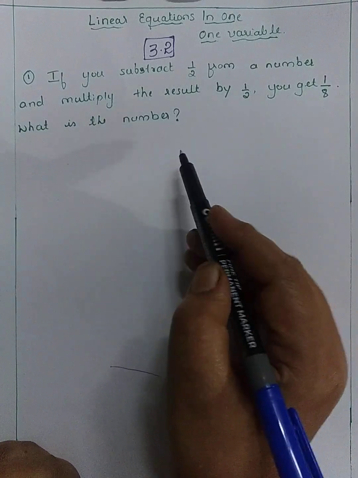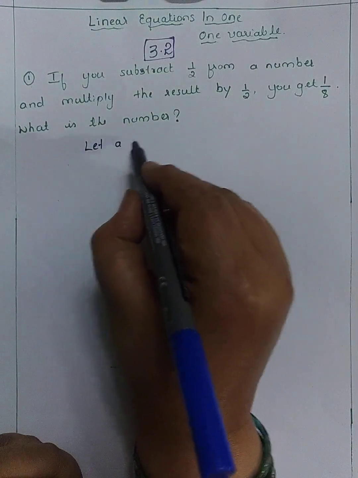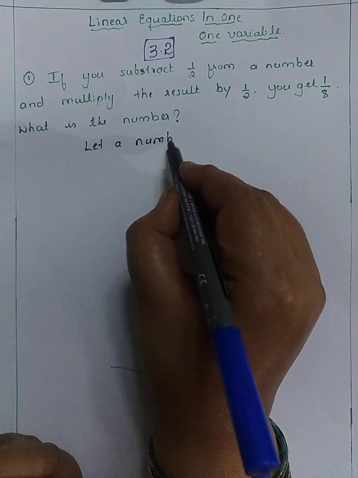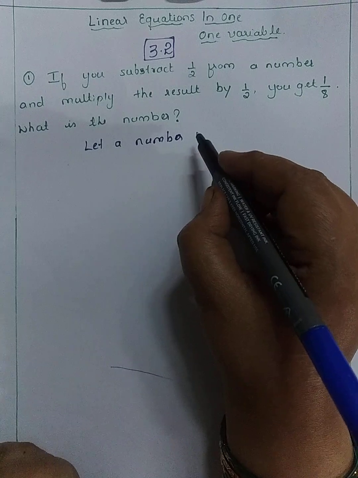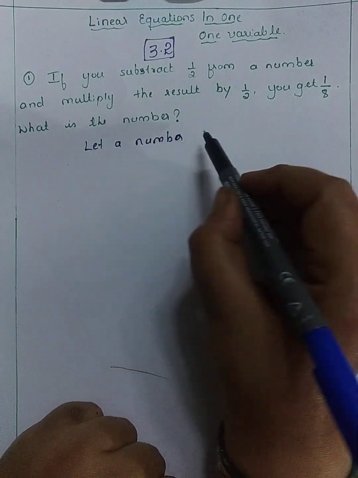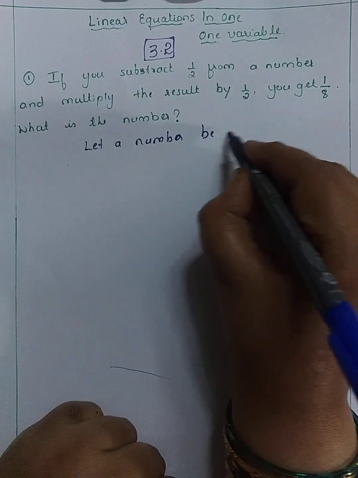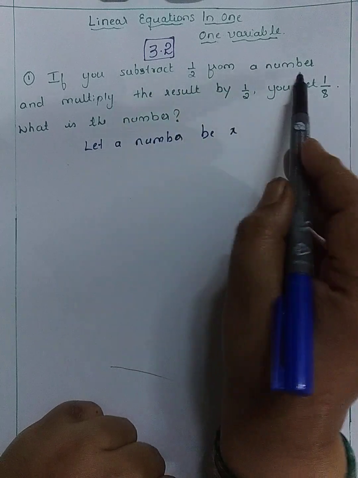So how shall we solve? First we have to let the number. That is, let a number be x. You have to read the question and see what the question is asking for, and that we keep as x. Let a number be x. Then next is subtract 1 by 2 from that number.